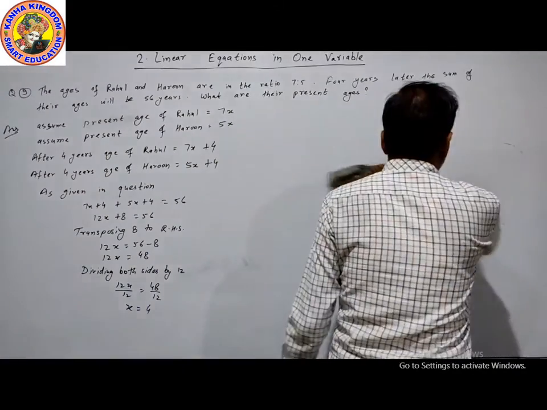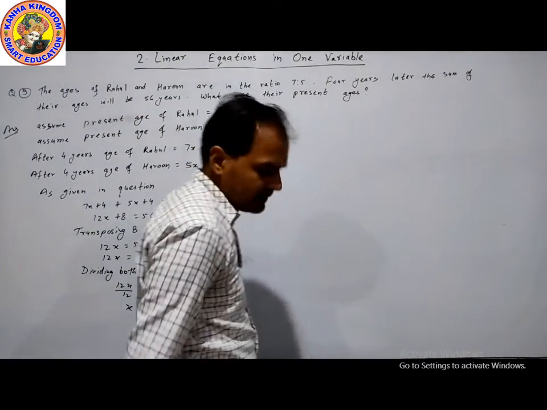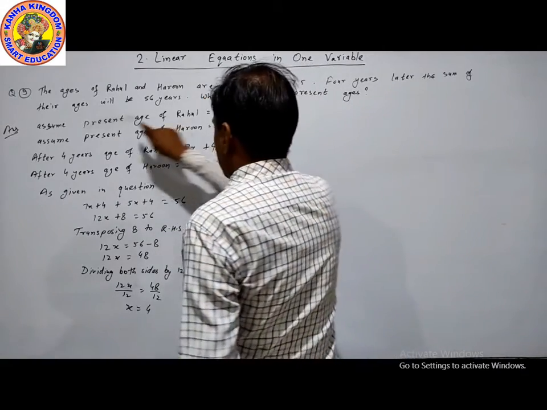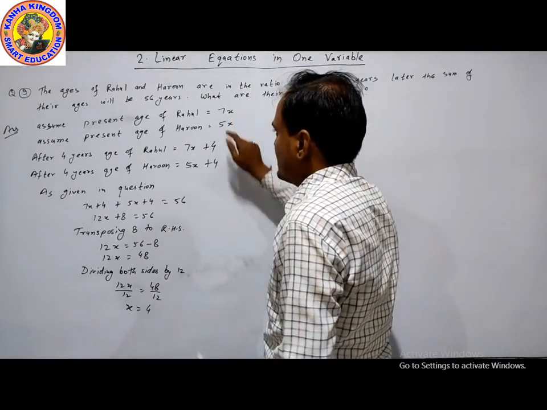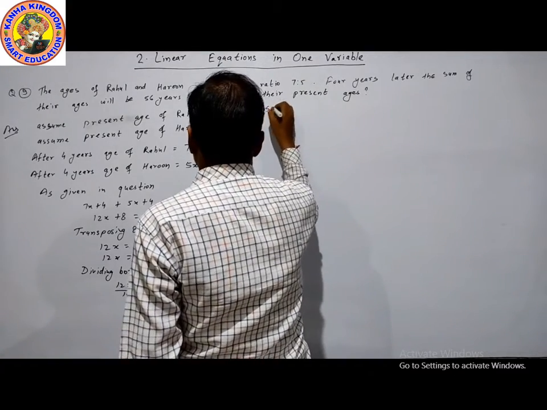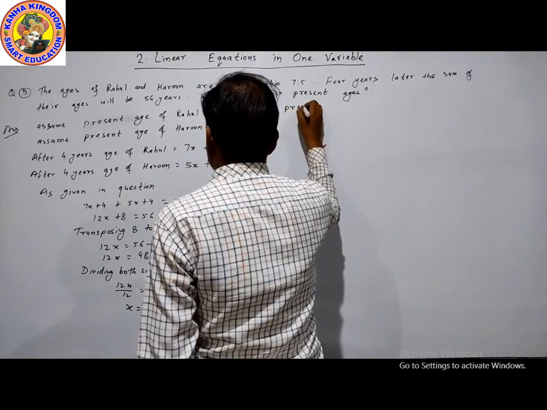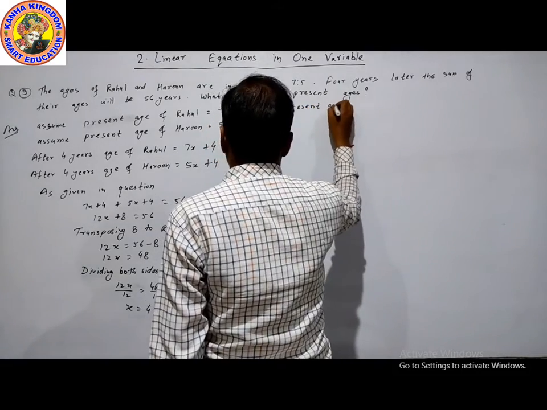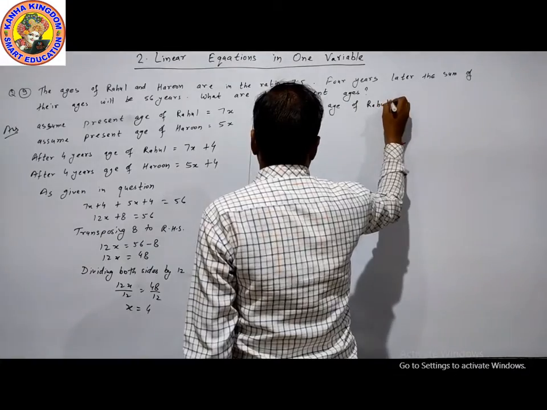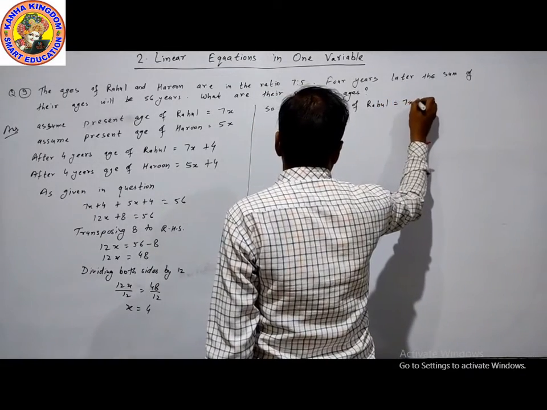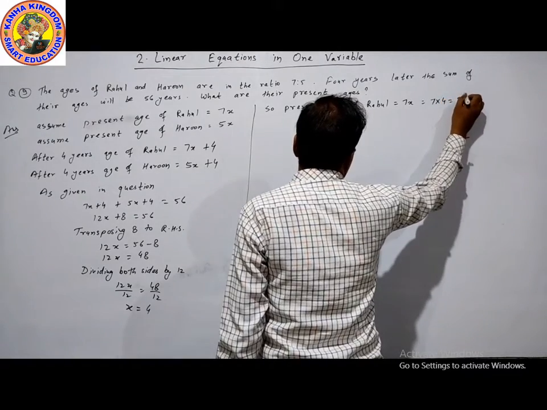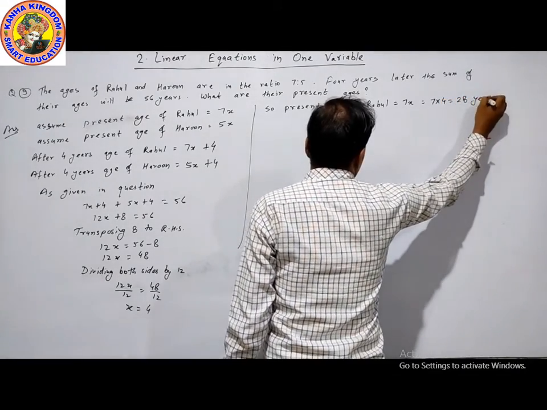But the question says, what are their present ages? Present age is 7x and 5x. So the final answer is, present age of Rahul is 7x, means 7 multiplied by 4 is 28 years.